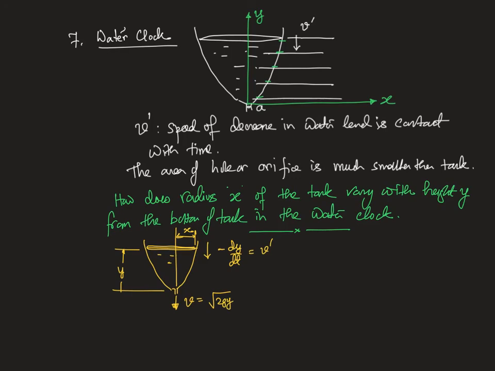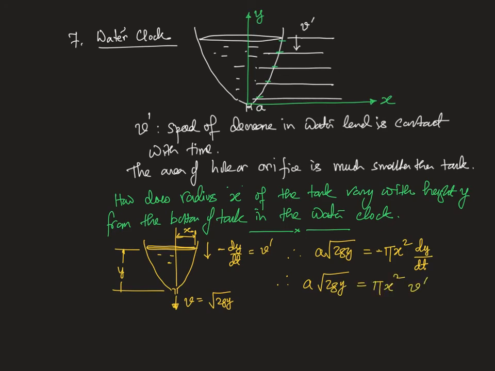V is root over 2gy, right? So therefore small a multiplied by v is equal to pi x square multiplied by minus dy dt, but small a multiplied by root 2 gy is pi x square v dash.